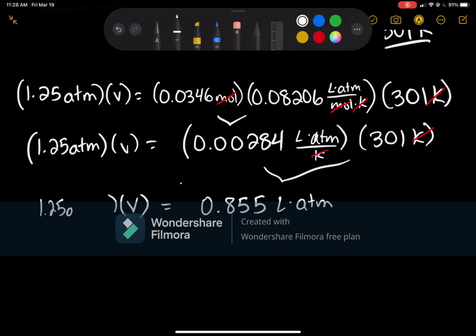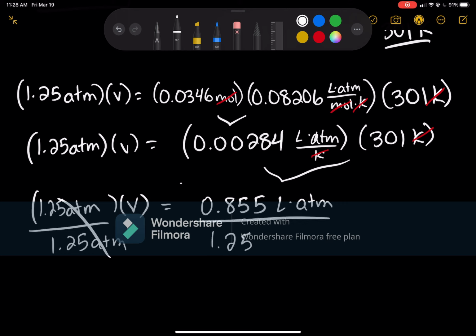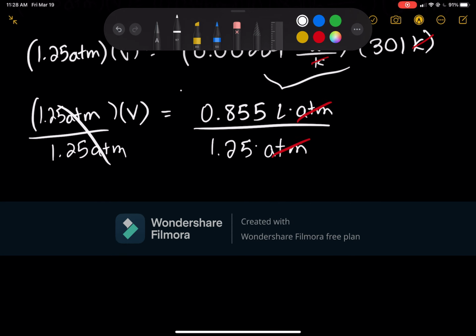And now divide by 1.25 atm. These cancel out. And you are left with volume equals 0.684 liters, or 684 milliliters, but we can just leave it as liters.